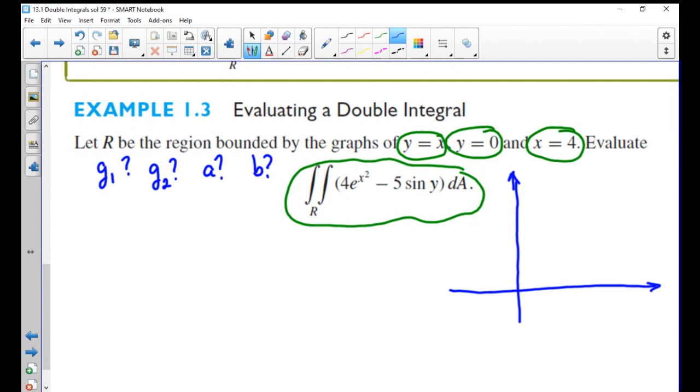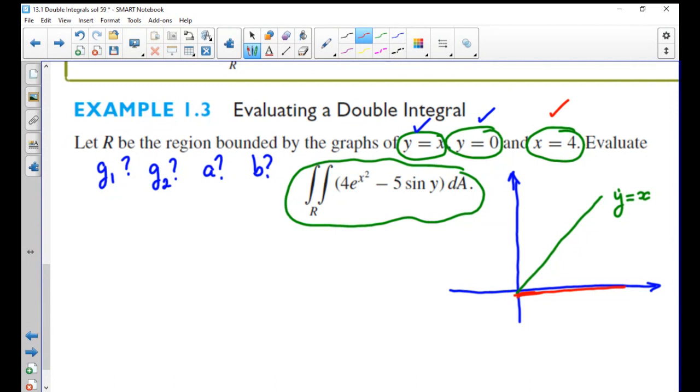Okay, so first y equals x, of course. y equals x is this line in the middle. Y equals 0. What is the line y equals 0? It's the x-axis. Thank you, Salah. Yep, it's the x-axis. And then x equals 4.